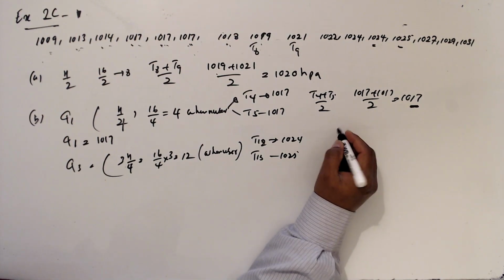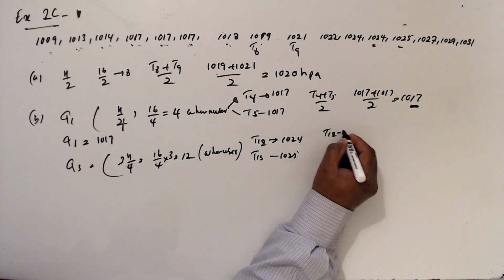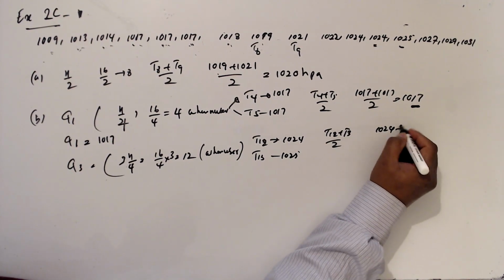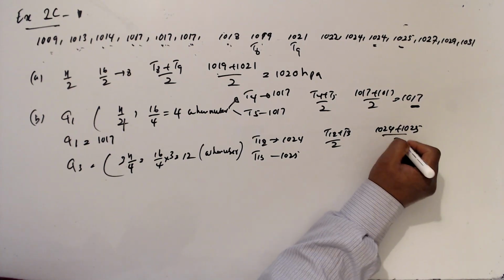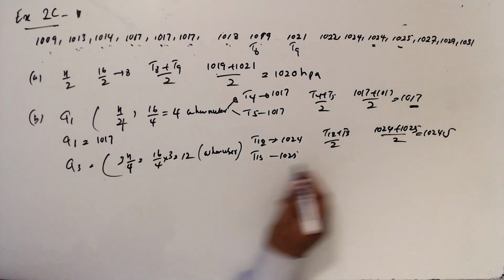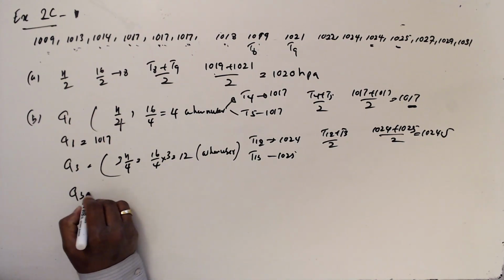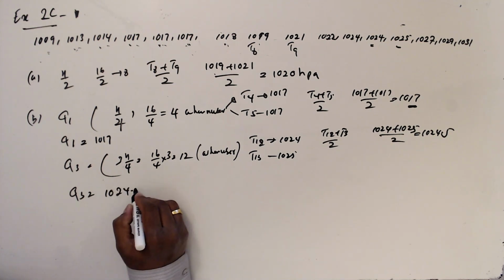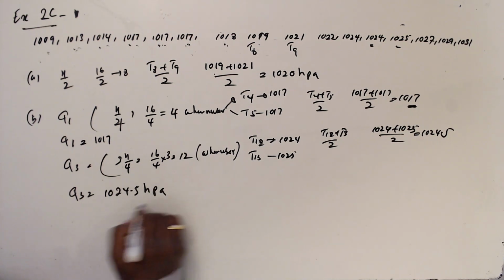So we get the average of those two. 1024 plus 1025 divided by 2 is 1024.5. So the upper quartile is 1024.5 hPa.